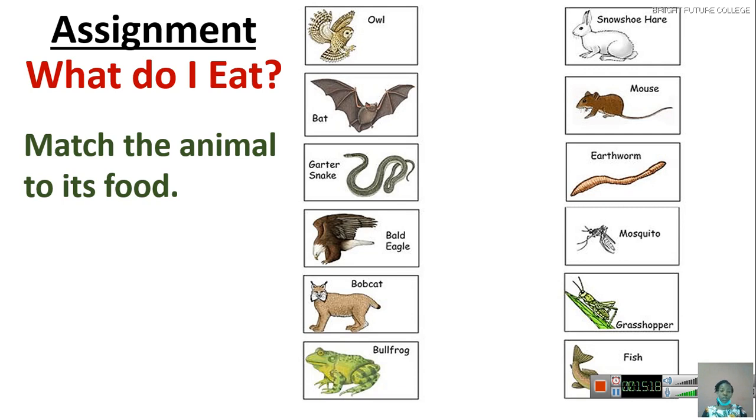So you are going to match the animals on the left hand side to the animals on the right hand side. You must make sure that the animal on the left hand side is actually feeding on the one matched on the right hand side. Hope you get the assignment very well.